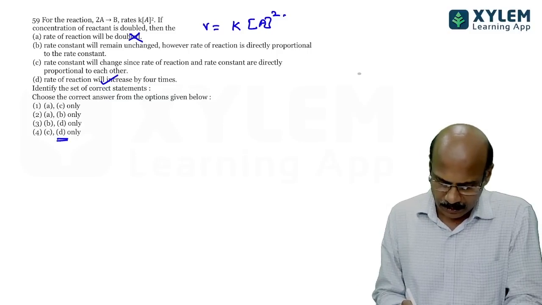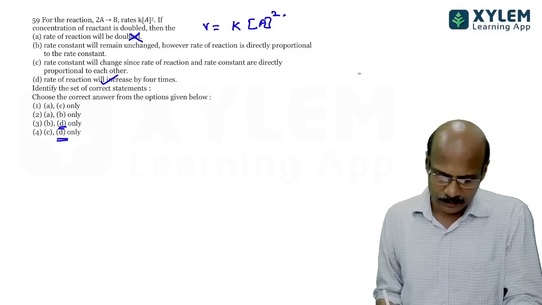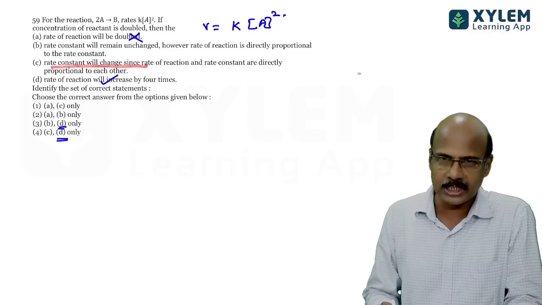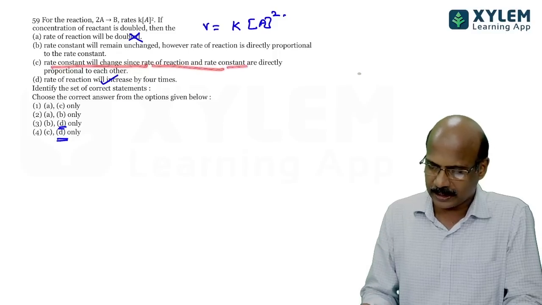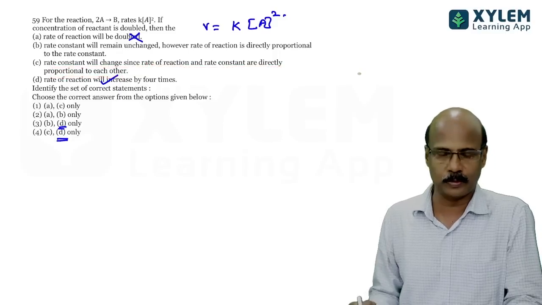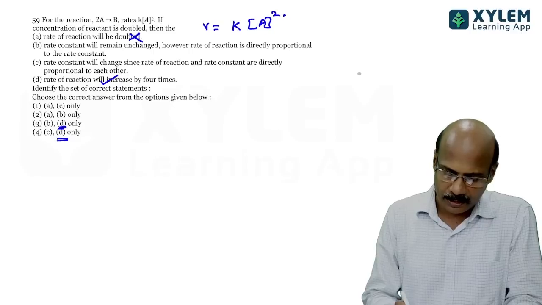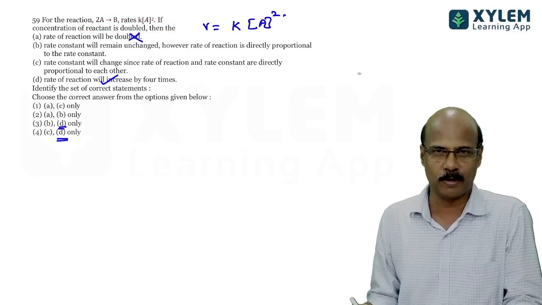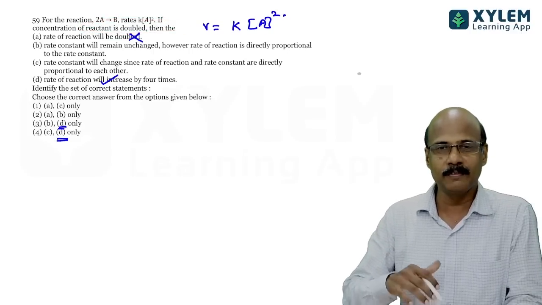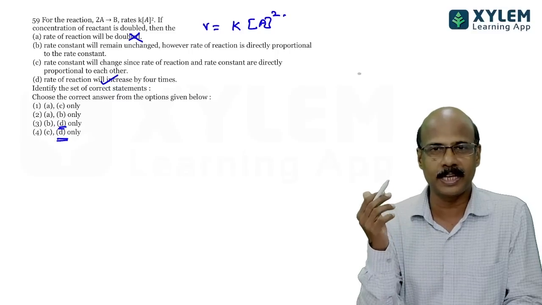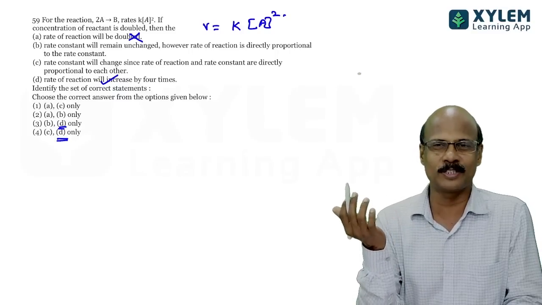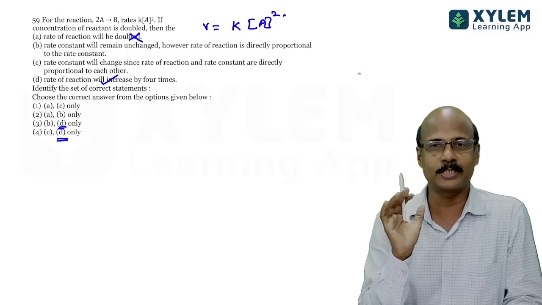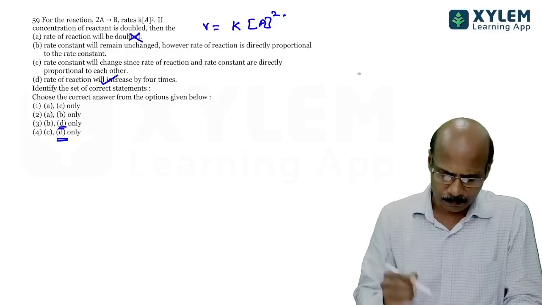So D is given in 3 and 4. What about the C option? Rate constant will change since rate of reaction and rate constant are directly proportional. Please don't forget, when the concentration changes, nothing will happen to the rate constant. They say if the concentration of the reactant is doubled, rate constant will change. You know that rate constant is constant as long as temperature is constant.